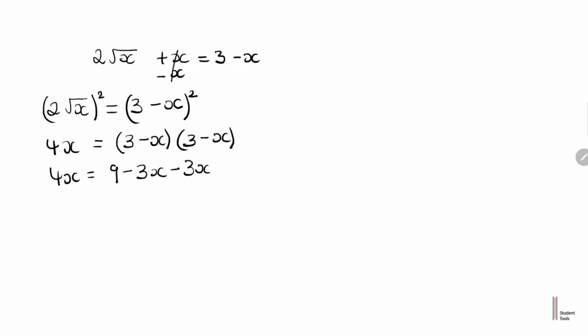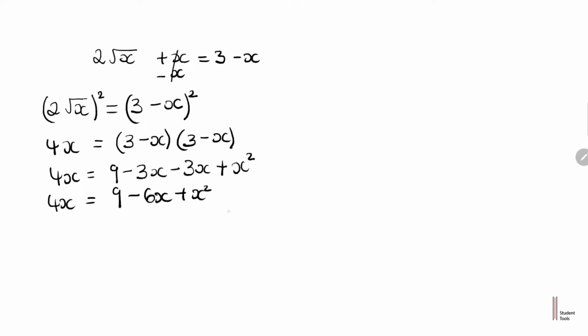Minus x multiplied by minus x, that is a positive, because we are multiplying a minus and a minus, x squared. So now we have that 4x is equal to 9 minus 3x minus 3x, that is a minus 6x plus x squared.